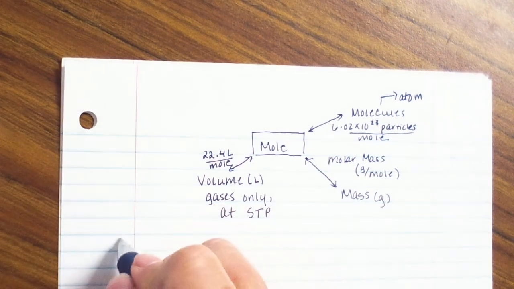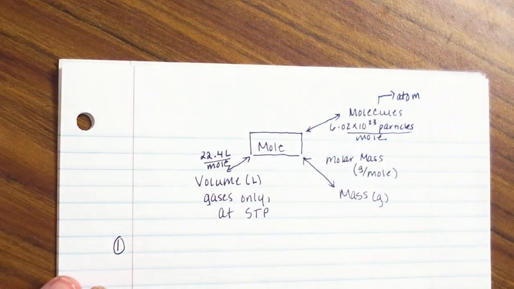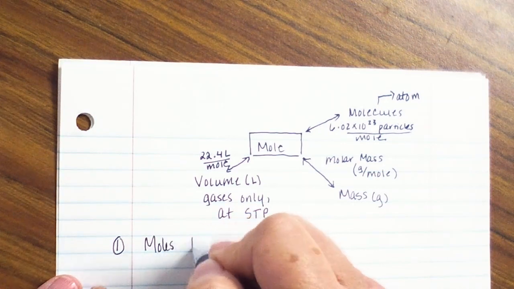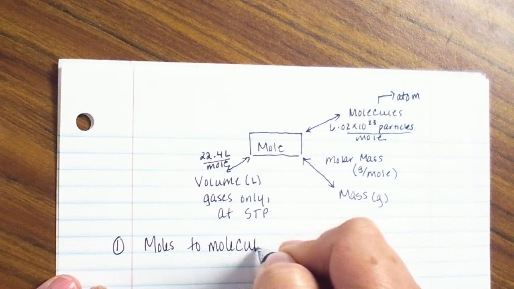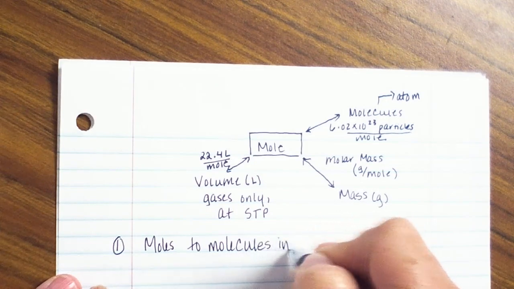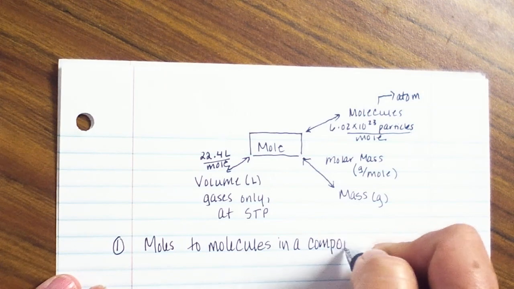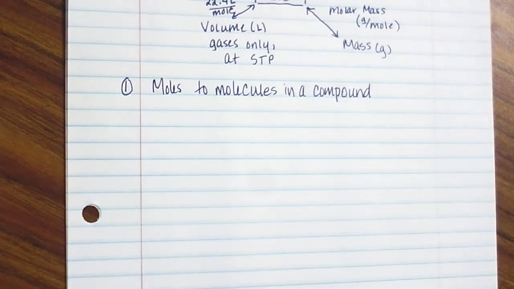So my first problem today is going to be moles to molecules in a compound. Now, this is not new. I'm choosing the problems that I'm showing you in an example carefully as we're following a progression here.